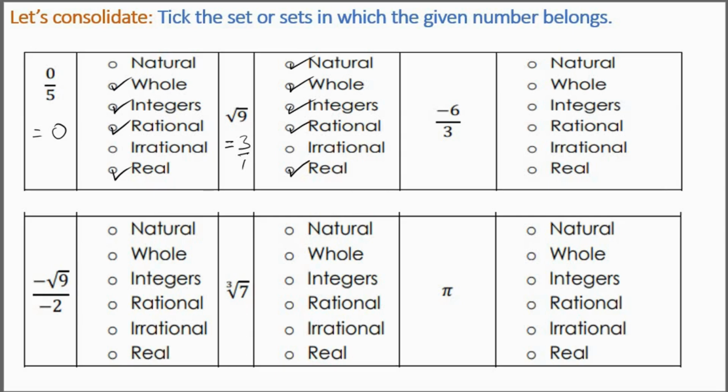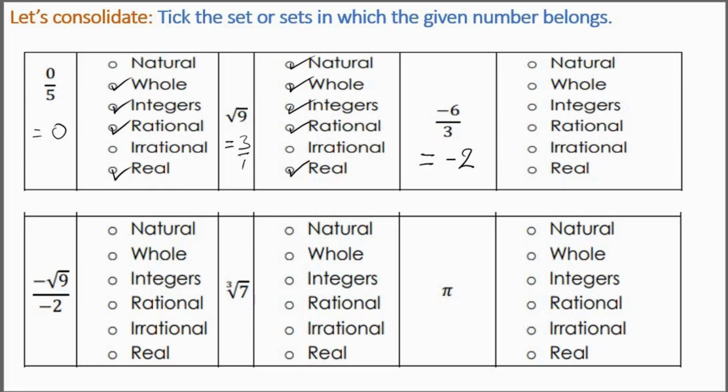Right. Minus 6 over 3 means minus 6 divided by 3, whereby our answer is minus 2. So we deal with minus 2 to find out in which group minus 6 divided by 3 belongs. So minus 2, is it a natural number?